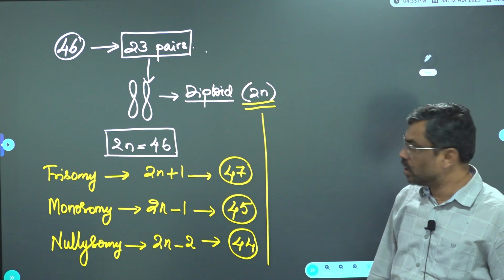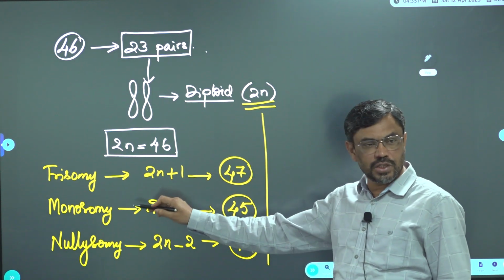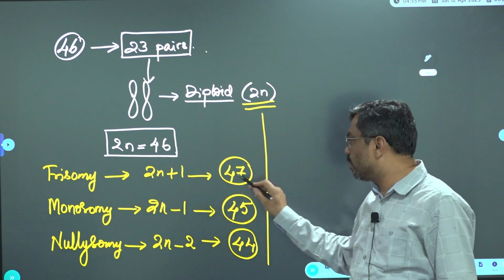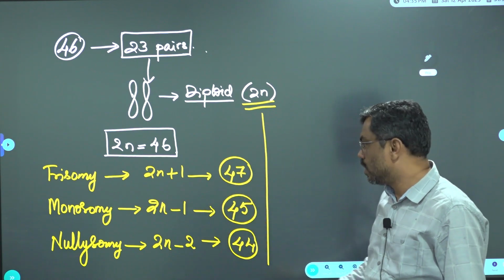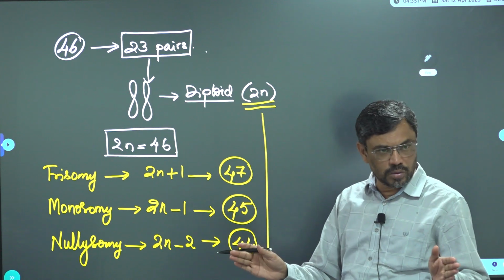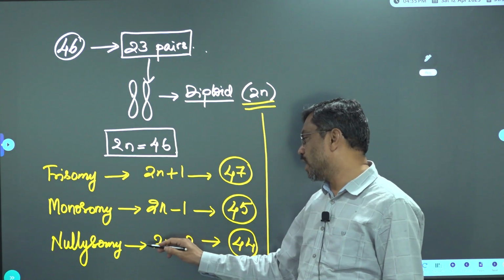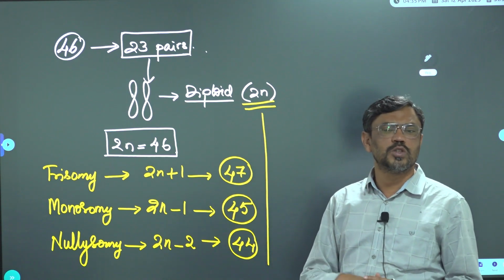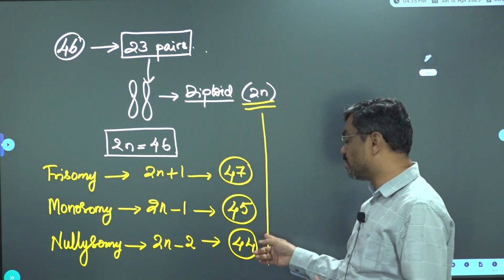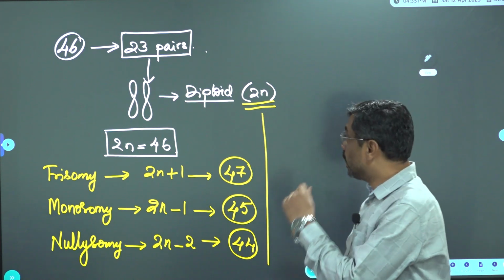Suppose one extra chromosome is added; that condition is called trisomy, so the total number of chromosomes becomes 47. Monosomy is 2n minus 1. One chromosome is removed, so it becomes 45. Nullisomy is 2n minus 2. Two chromosomes are removed, so it becomes 44. That is the nullisomic condition.